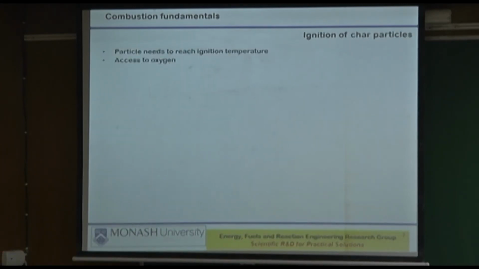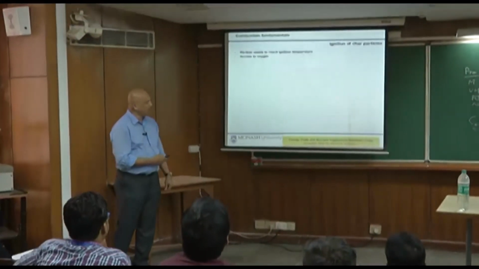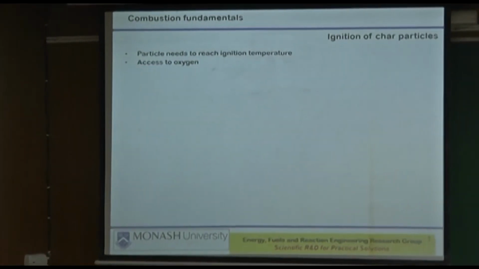Okay, so the next bit is the particle then needs to reach its ignition temperature, the solid char particle that remains after the volatiles have been extracted to the maximum possible extent. At that condition, the particle then needs to reach its ignition temperature. It also has to have access to its oxygen.